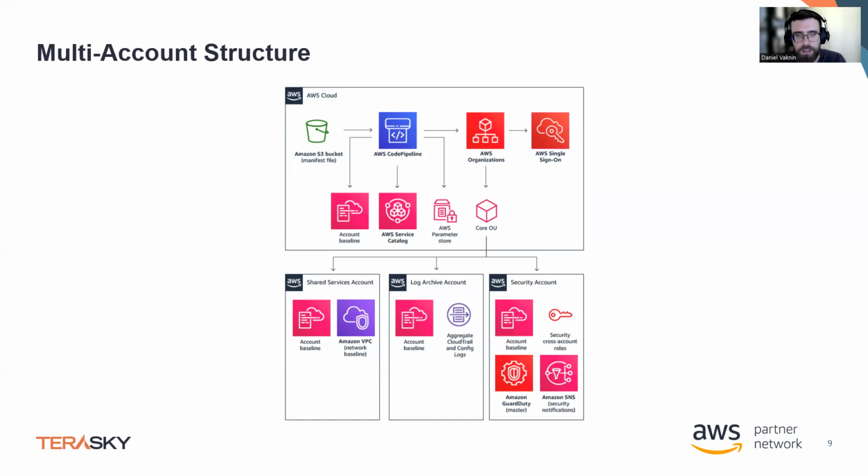Okay, so apart from the security account, or the audit account, as in some cases they call it, there is also the log archive account. The log archive account is meant for archiving or collecting logs from all other accounts inside the organization.